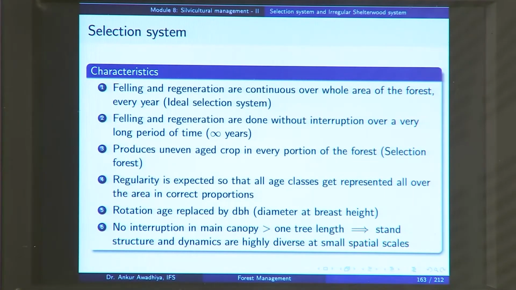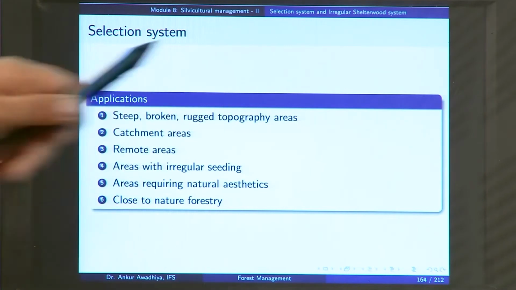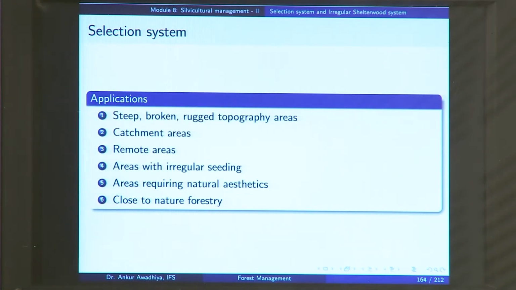So, what are the areas in which you will prefer to go for a selection forest? A selection forest is typically used in steep, broken and rugged topography areas. So, you have an area that is very steep, very broken or very rugged. What it means is that you are having a number of hills in that area.